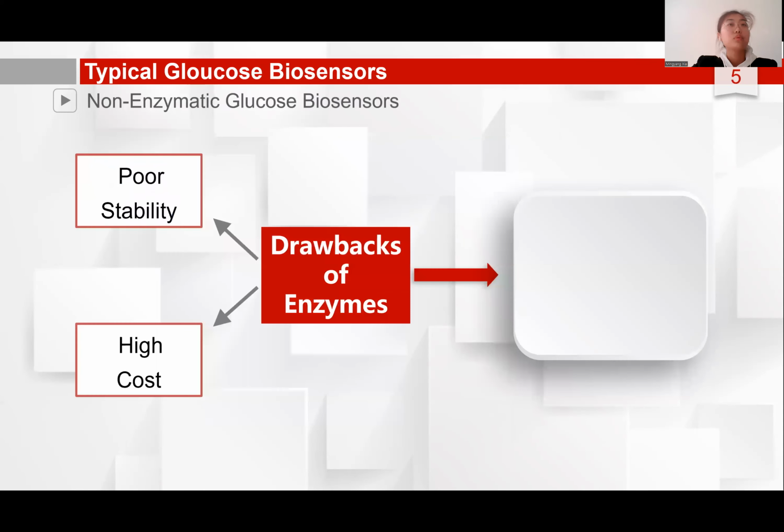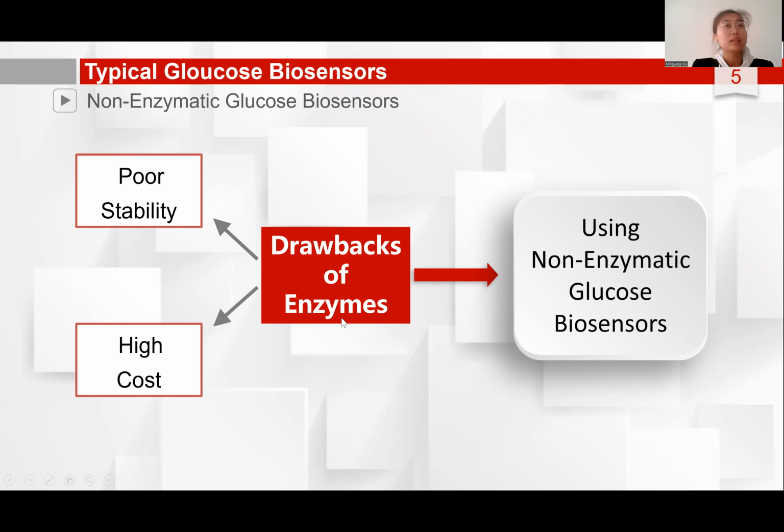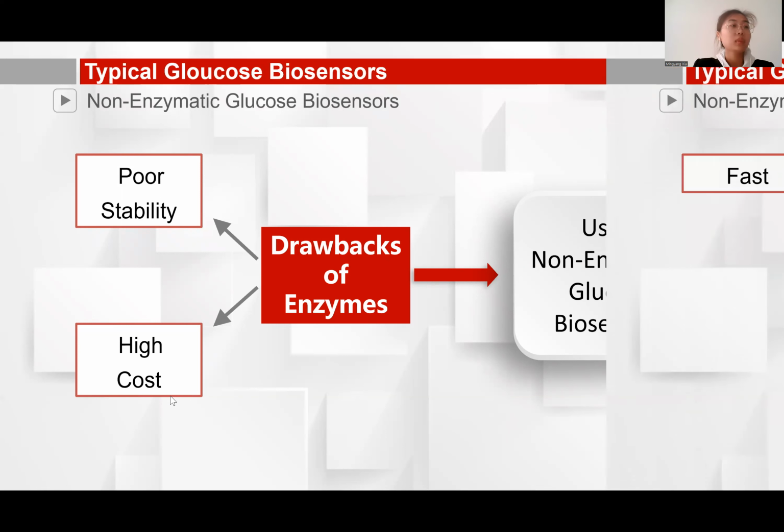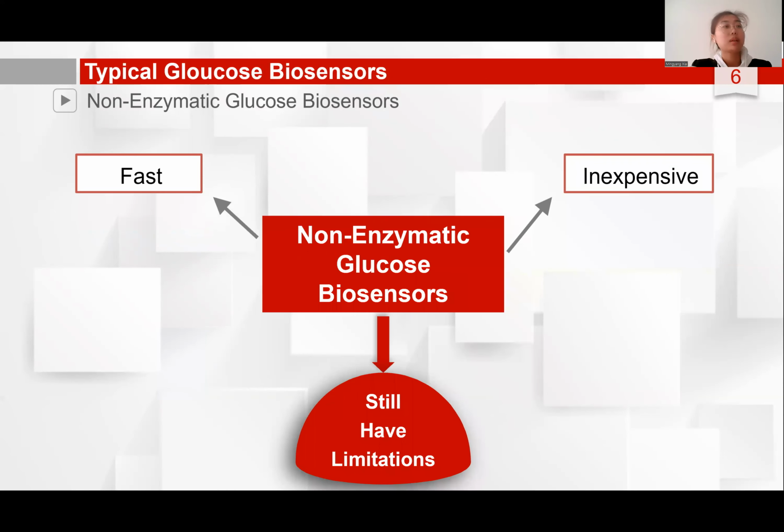And now let's turn to non-enzymatic glucose sensors. Despite the widespread usage of enzymatic glucose biosensors in daily life, non-enzymatic glucose sensors are beginning to draw greater attention as a result of the drawbacks of enzymes, such as their poor stability and high cost. The non-enzymatic glucose biosensor is a very fast and inexpensive technology which depends on the direct electrochemistry of glucose.